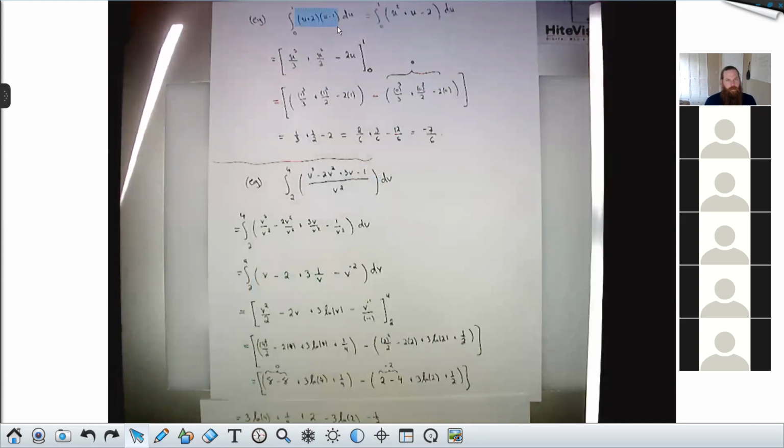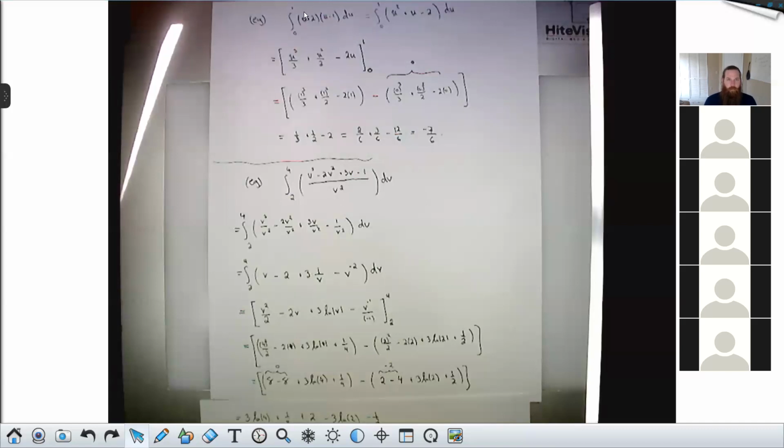There's no way I could find an antiderivative for this without first writing it like this. We know how to find antiderivatives for power functions, exponential functions, and some trig functions. So the only way you can do these problems is by first writing the inside as a combination of power functions, exponentials, and trig functions.